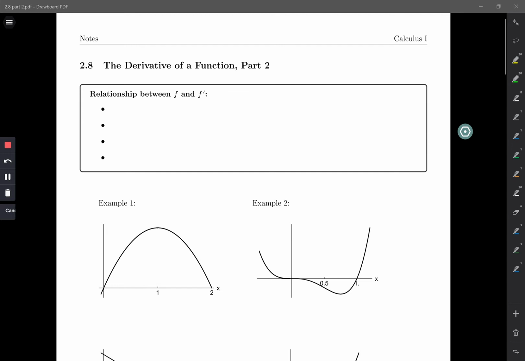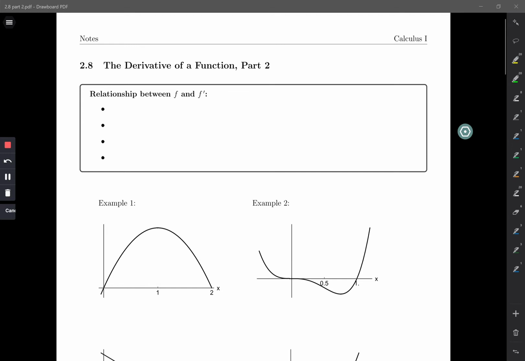The derivative is sort of like a generalization of the idea of velocity, and the derivative tells you how fast the function is changing, whichever function you're looking at, and it tells you whether it's increasing or decreasing. So that's the same idea of velocity telling you what direction it's moving in. So here, with just a general function, we get information about whether the function is increasing or decreasing.